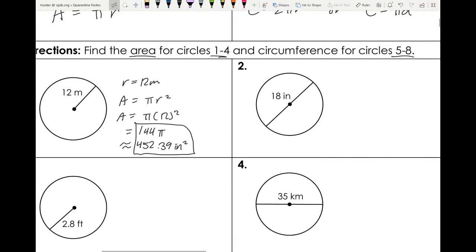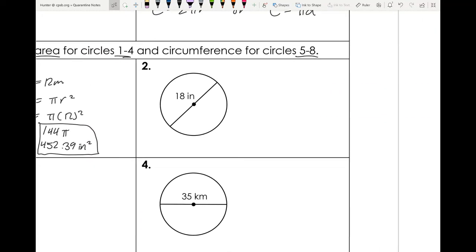Okay, that's number one. Number two, on this one we're given that the diameter is 18 inches. But when I find the area of a circle, that is in terms of radius. So I need to find the radius, but I know that the diameter is just twice the radius. So I can divide this 18 by 2 and get that the radius is now 9 inches.